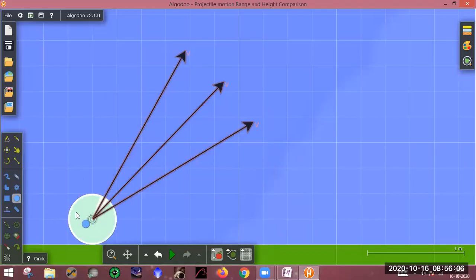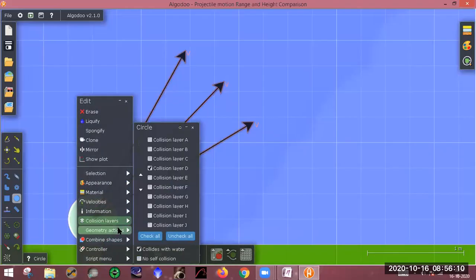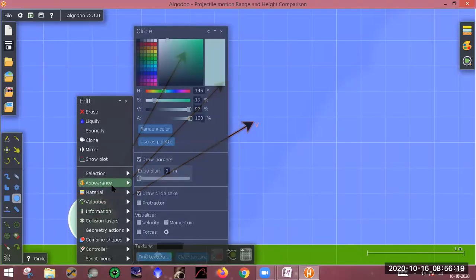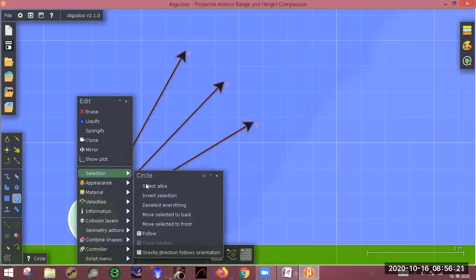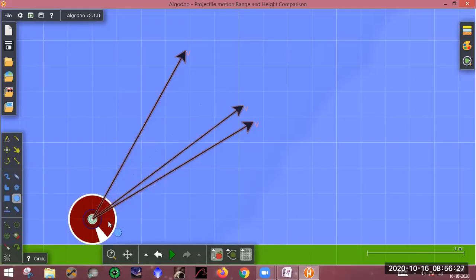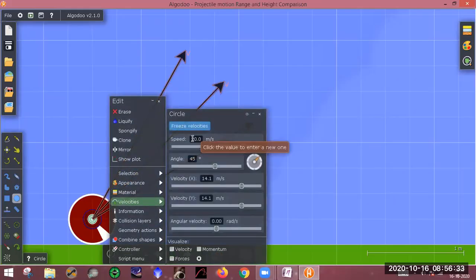Now if I send this to the back, okay, how to do that? Send to back. Give me 1 minute. Okay, so here is the red one, which we are going to throw at again the same speed, 20 meter per second.